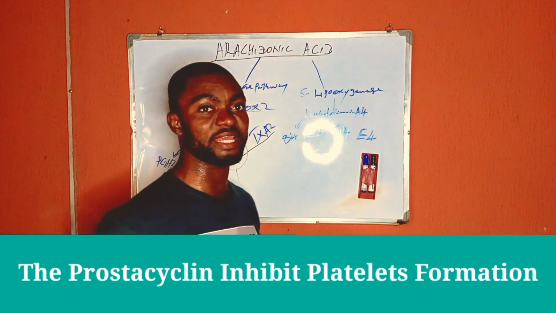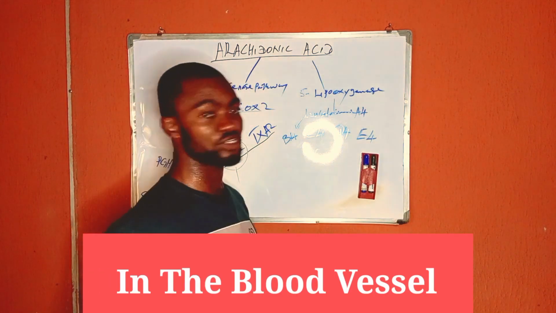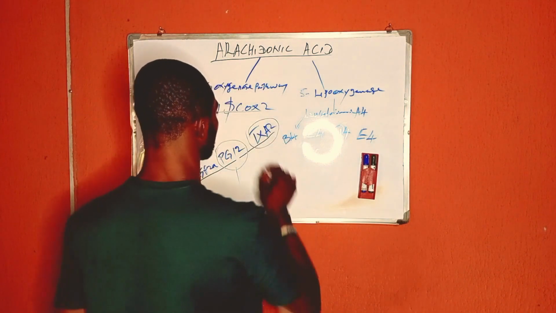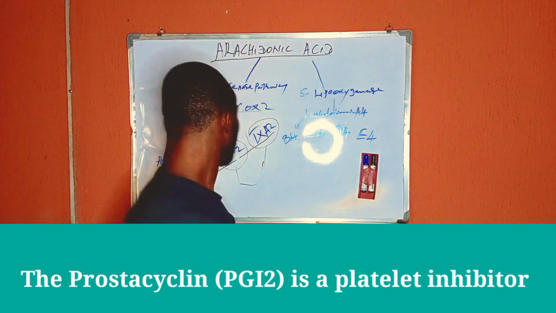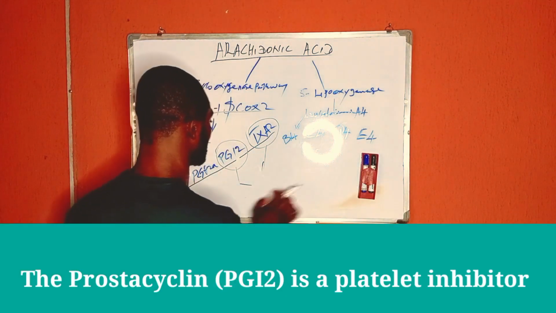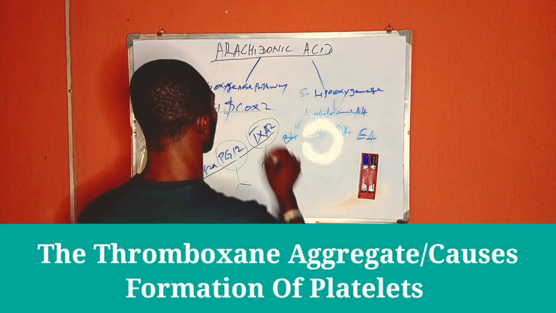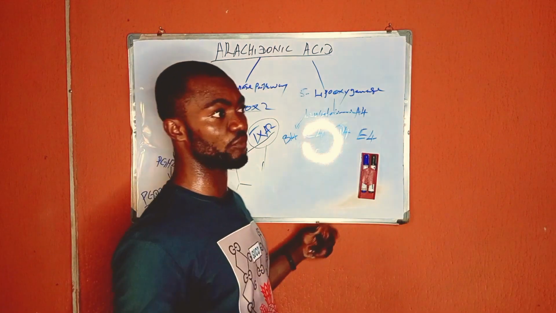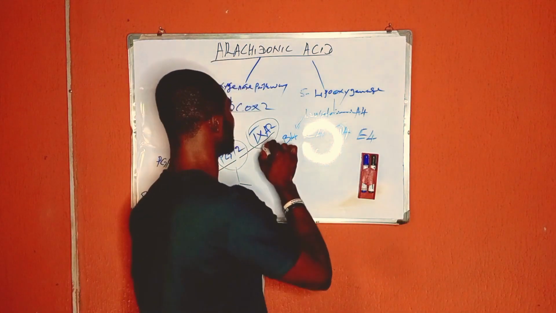The prostacyclin inhibits formation of platelets in the blood vessels. That is to say, they have two opposite effects on platelet aggregation and inhibition. The prostacyclin inhibits the formation of the platelet, whereas the thromboxane causes formation of platelets.